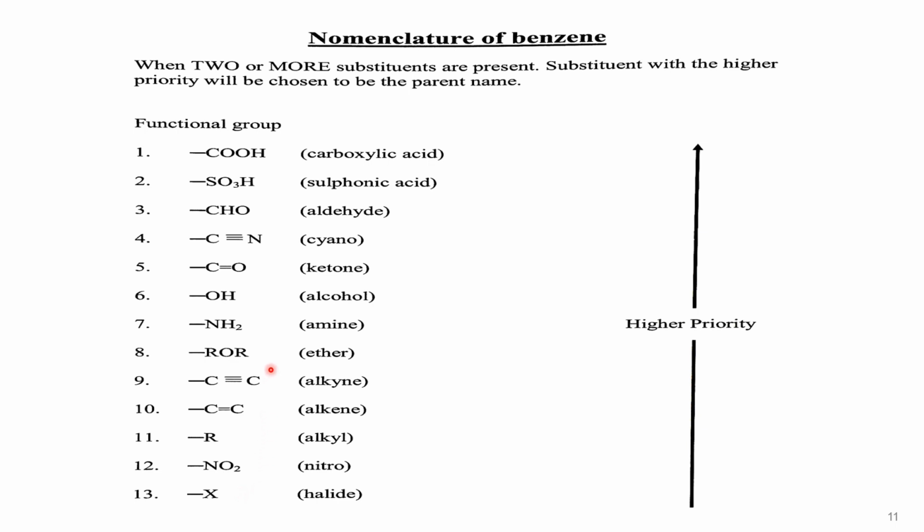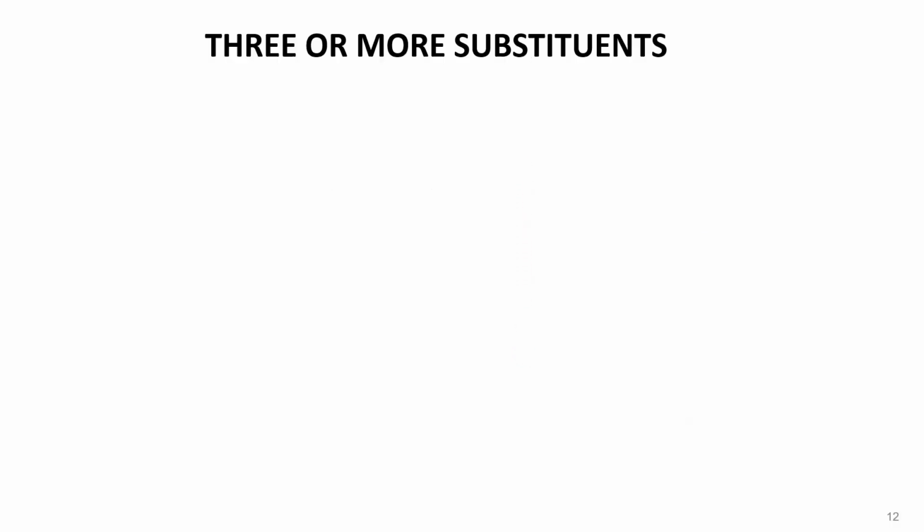This is the list of the functional groups. When two or more substituents are present, the substituent with the higher priority will be chosen to be the parent name. The higher it is in the list, the higher the priority to be chosen as parent name. Continue with the IUPAC name for three or more substituents.